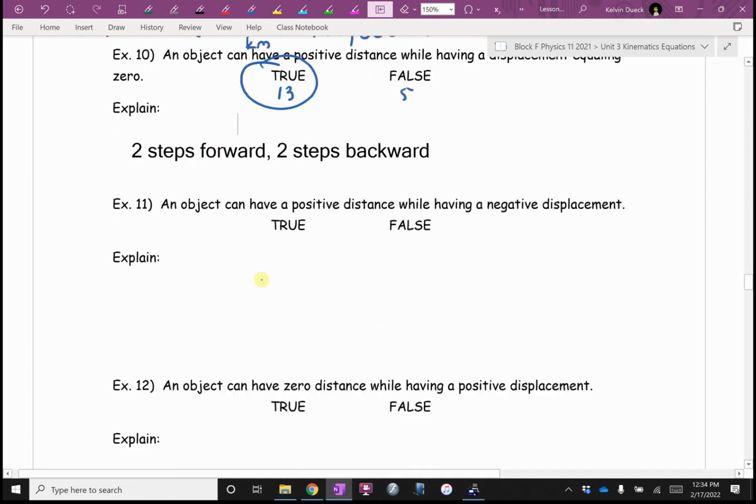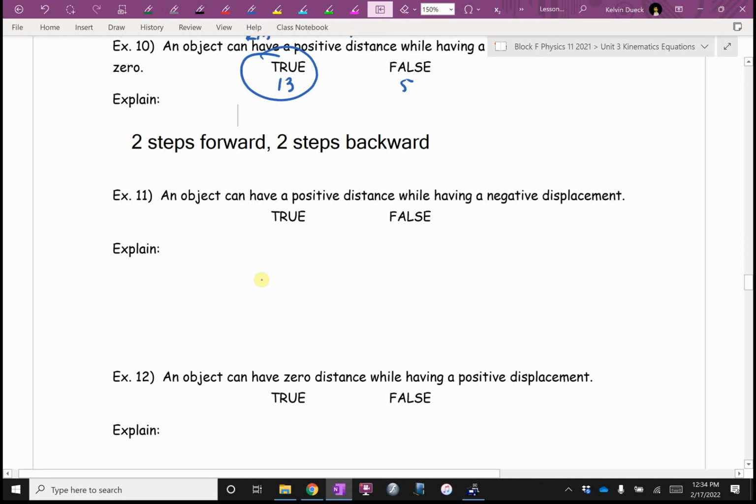Example 11. True or false? An object can have a positive distance while having a negative displacement. Once again, we're going to vote. Once again, how high you hold your hand up is how sure you are of the answer.